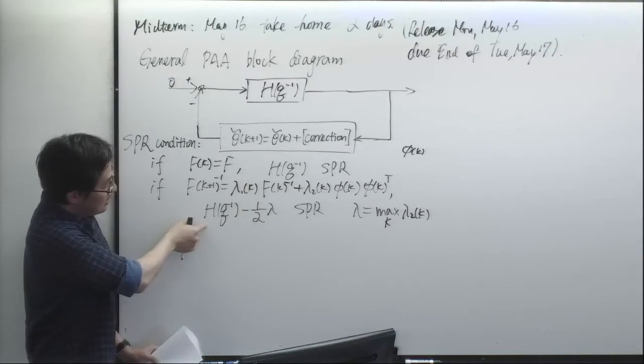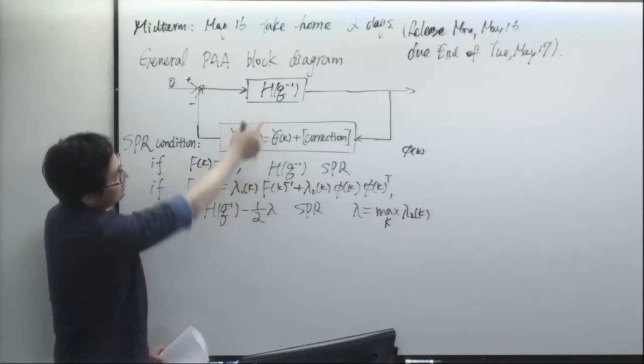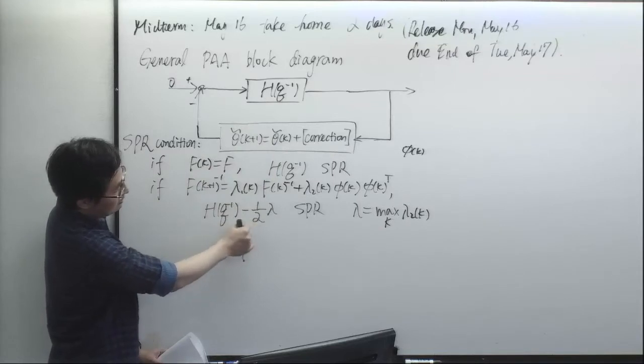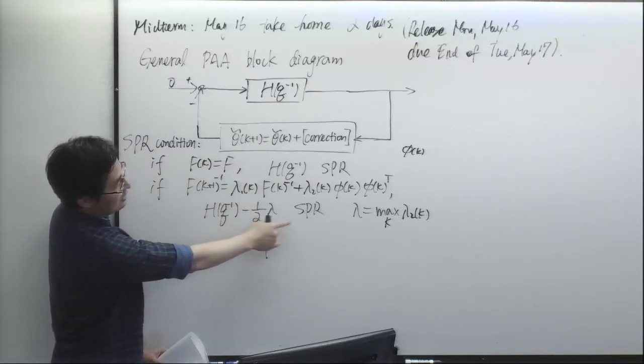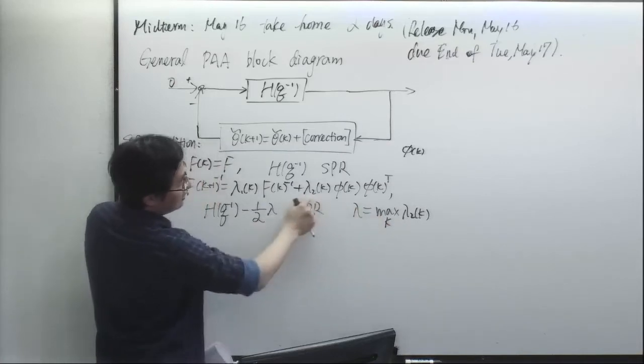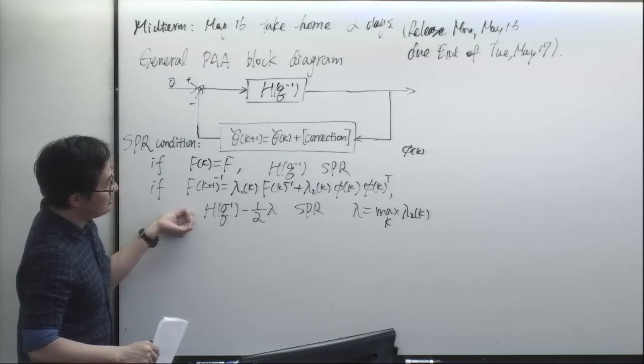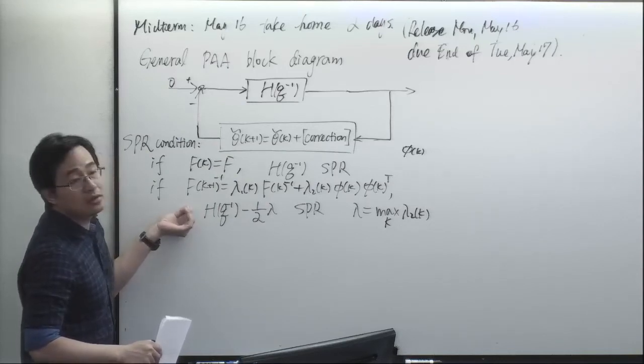The conclusion is we needed just a little bit more in the LTI block. We need this minus sign and half of lambda being SPR, where lambda is the maximum of the lambda 2 over here. At first glance, we see still some good news.